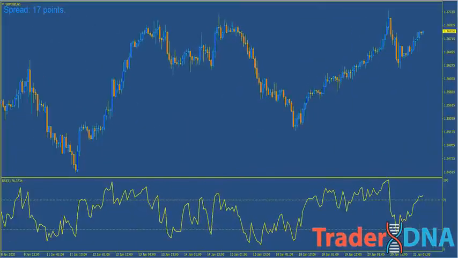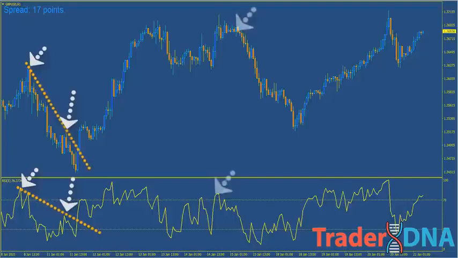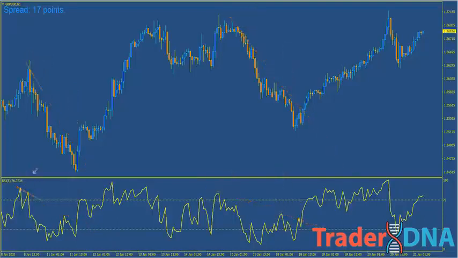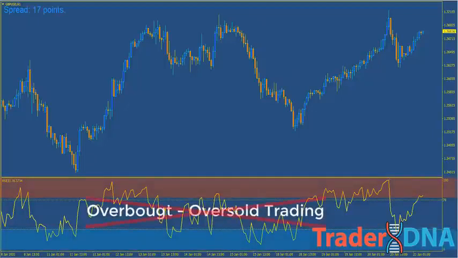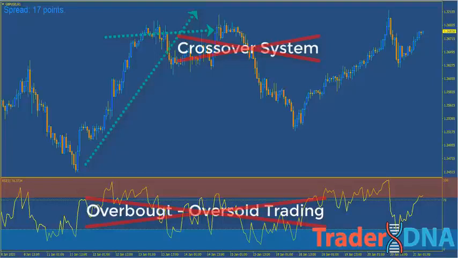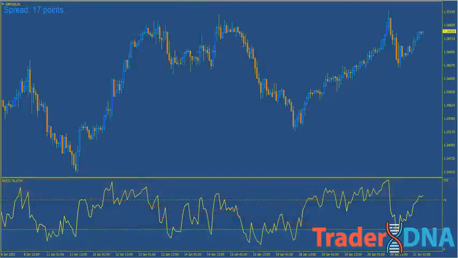So, let me try once again to explain the basic rules of this RSI trendline trading. We'll use the RSI indicator to show us if the prevailing trend has ended and a new trend is underway. We're not going to measure the overbought-oversold conditions or use it as a crossover system. We're going to take it one step further and look for a break in momentum of the prevailing trend.